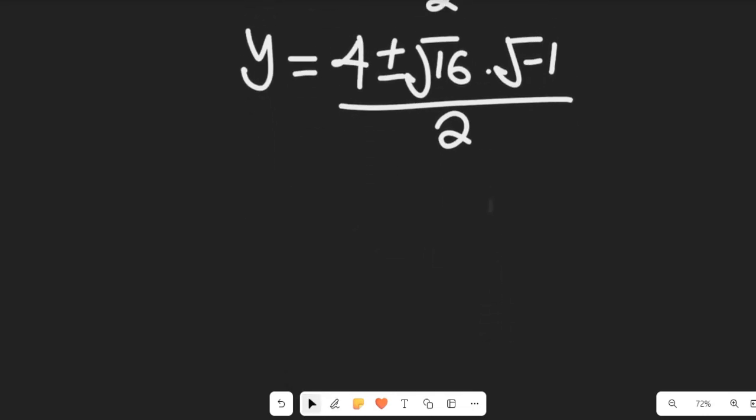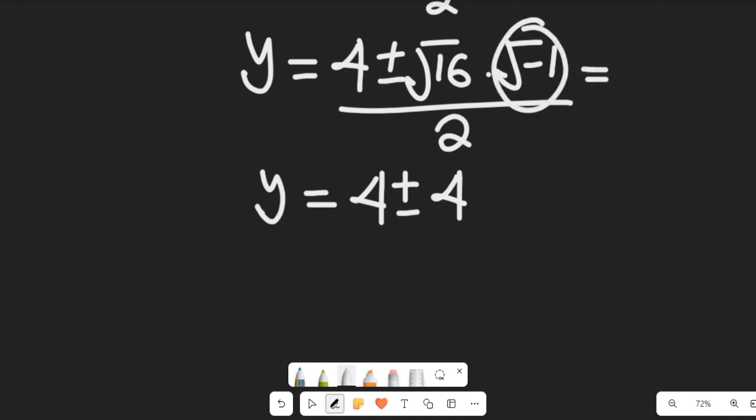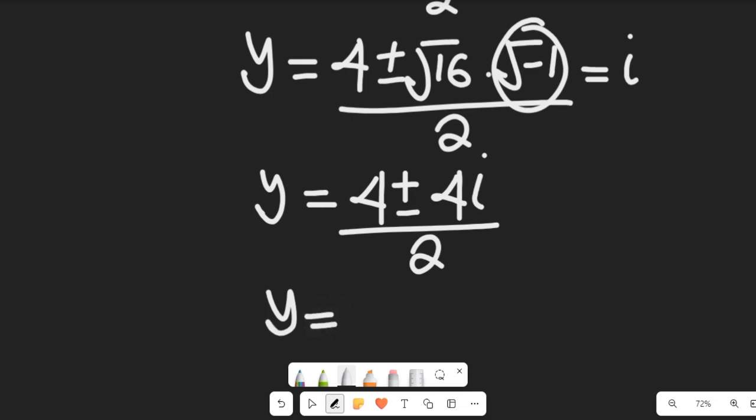So if we simplify this, this is going to give us the value of y equal to 4 plus or minus 4, while this whole thing is going to give us our imaginary, right? So we'll have our imaginary divided by 2. So the value of our y will be equal to 4 divided by 2, right?